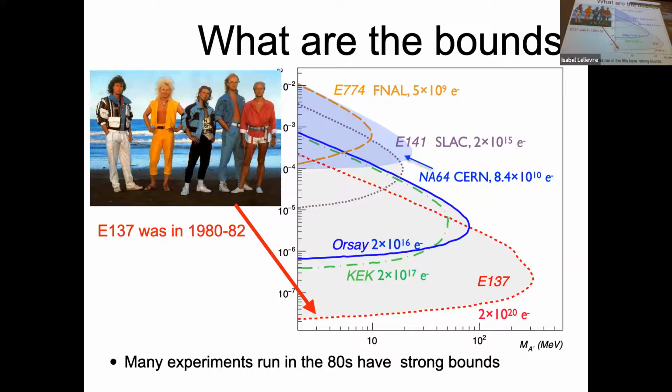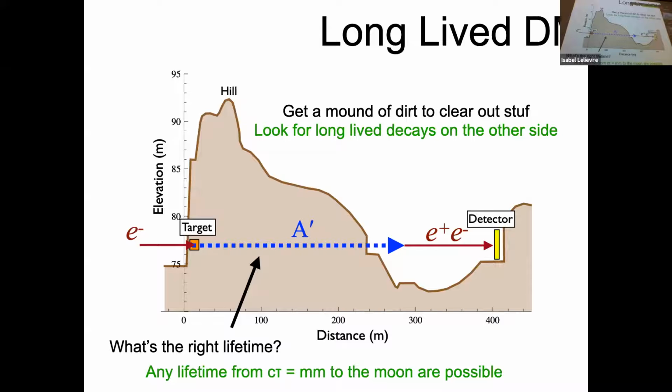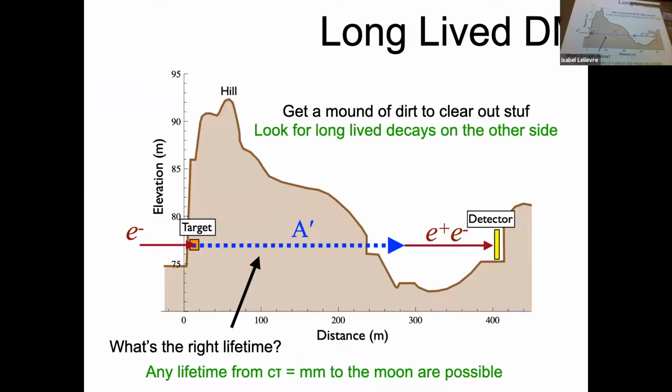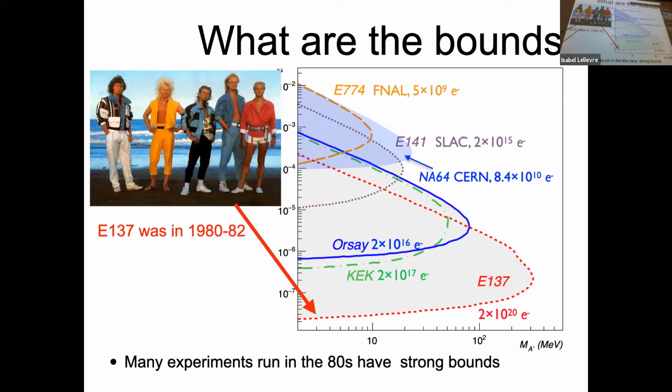So here's this experiment. Yeah. Just on that lifetime, is that only for thermal relic dark matter? That's correct. Okay, thanks. Yeah, so this experiment actually was done in the 80s by these guys. And they actually used a ridiculous amount of electrons, but it actually remains the strongest bound.